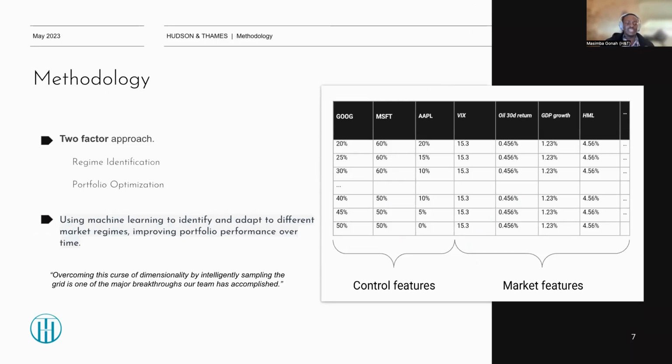So the methodology now. At the core concept, CPO is a two-step approach, and firstly involves regime identification. In the first stage, the machine learning model is trained to identify different regimes based on historical market data, which is the first part.